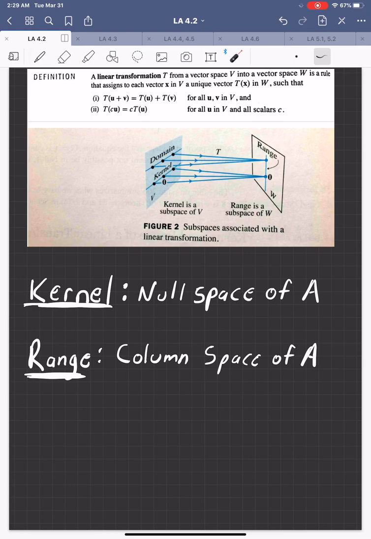Everything that I'm about to say is in this diagram, in this definition that I've put here. All I'll say is just some vocabulary. Sometimes you'll hear the null space of A referred to as the kernel, and sometimes you'll hear the column space of A referred to as the range. But other than that, my voice is starting to go, so I'm going to go ahead and conclude this lesson.